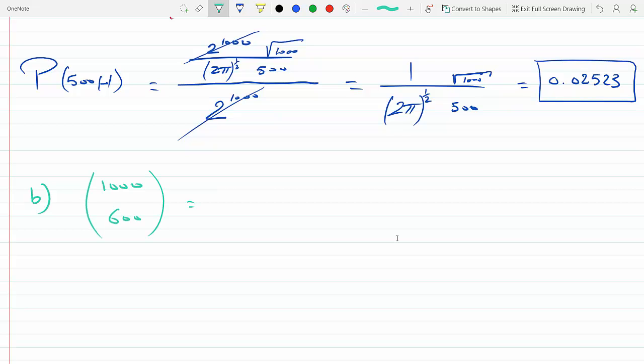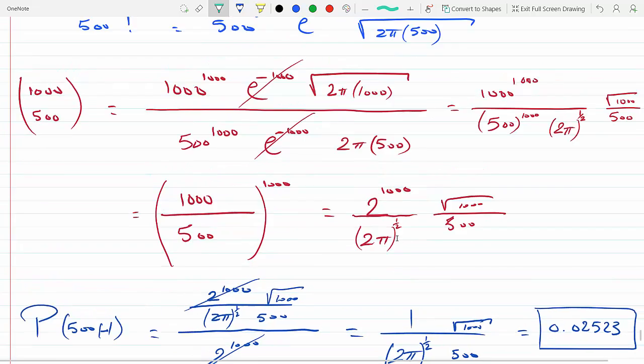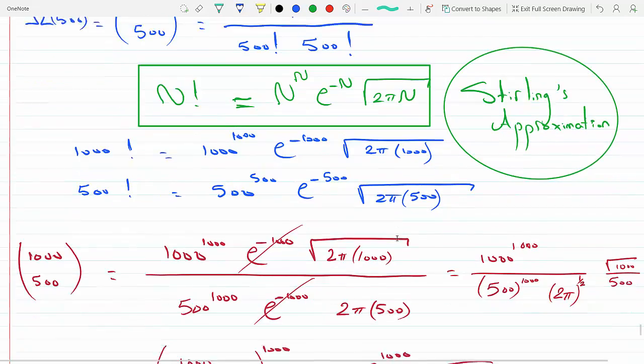So this is gonna be 1000 factorial divided by 600 factorial times 1000 minus 600, which is 400 factorial. Okay, again, let's invoke Stirling's approximation on these. Since I did it in detail on the first one, I'll just fill it in now.